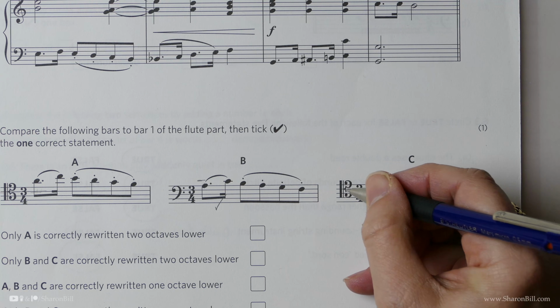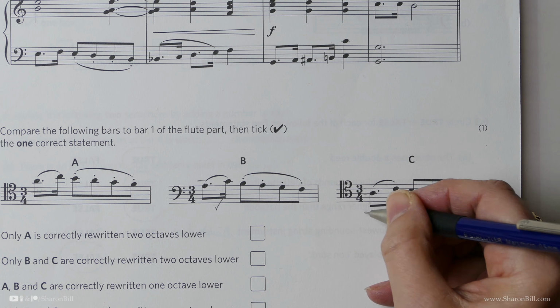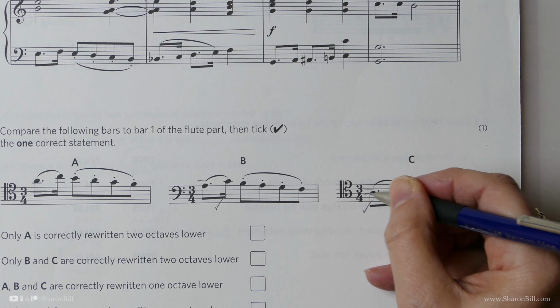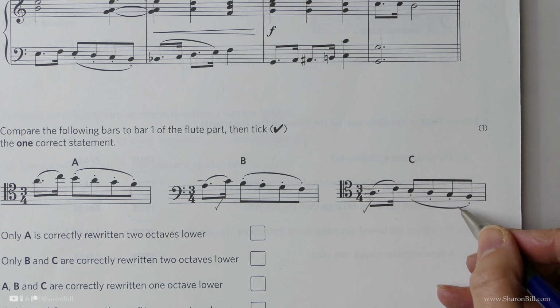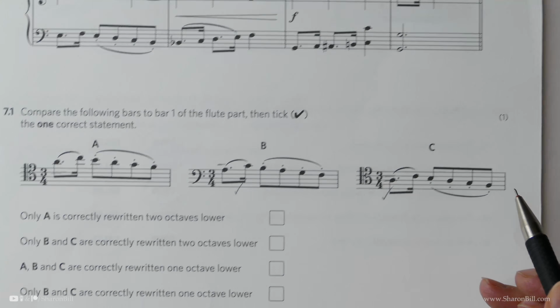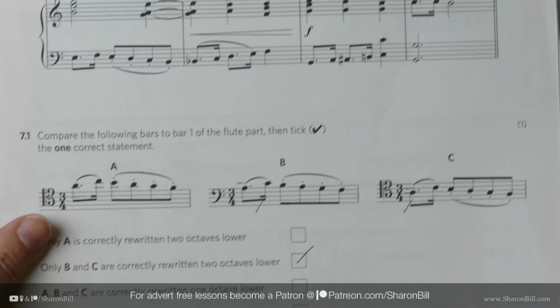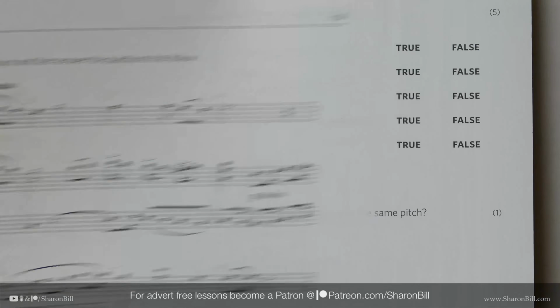And then here, if that's middle C in the tenor, C, B, A, that is also 1, 2, 3 steps below middle C, and then everything follows accordingly. So B and C will answer that question. Let's turn the page, but keeping this little extract of music to hand.